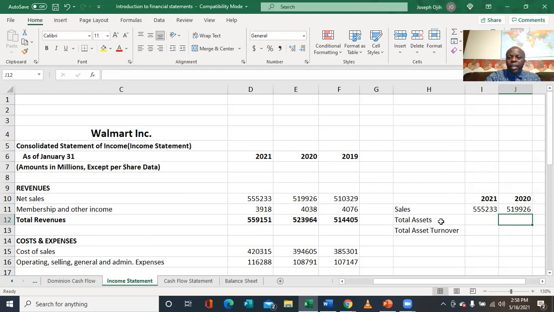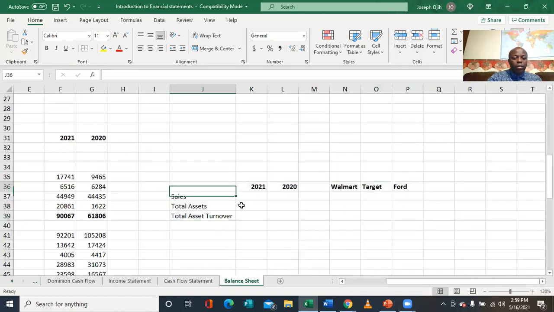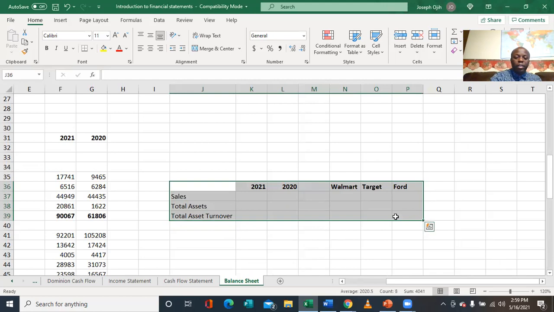That information we can get from the balance sheet. So I'm going to write 2021 and 2020 for Walmart. I'm going to take you to the company's balance sheet so I can get the information I need for the total assets.